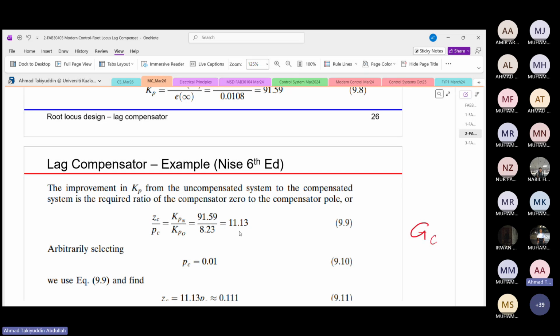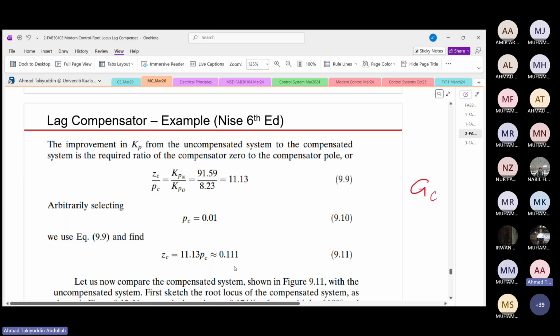Then ZC will be 0.111, coming from ZC equal to 11.13 times the PC that you have selected.